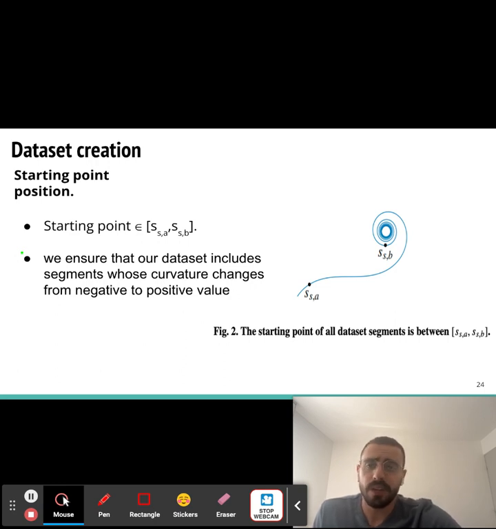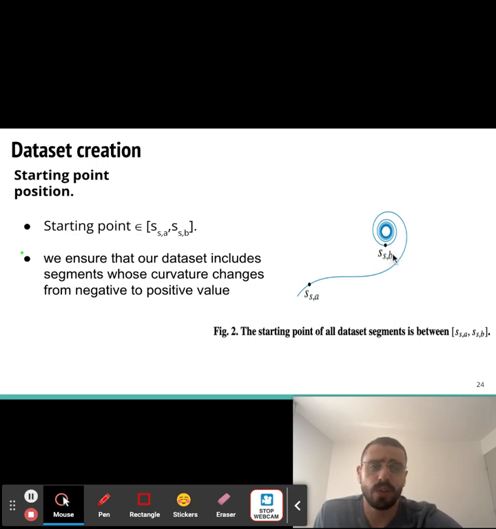So starting with the starting point, in order to ensure that our dataset adequately covers the diverse range of input polygonal curves, we make the starting point parameter of the dataset segments have different values along the Euler spiral. To achieve this, we uniformly sample the starting point parameter along the curve in the interval SSA and SSB, as you can see here.